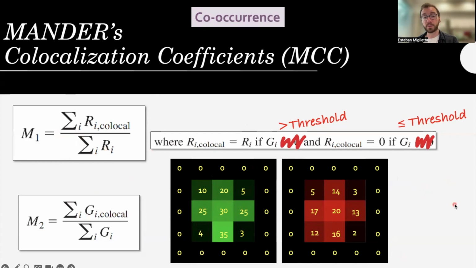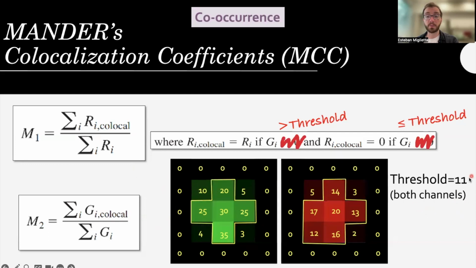So first things first, we need to set a threshold. If we don't, we can just use 0. And in that case, all these 9 pixels within this square will be used for the calculation. If we set a threshold different than 0, let's say 11, in this case, I'm using 11 for both channels, but I could very well use different thresholds for each channel.